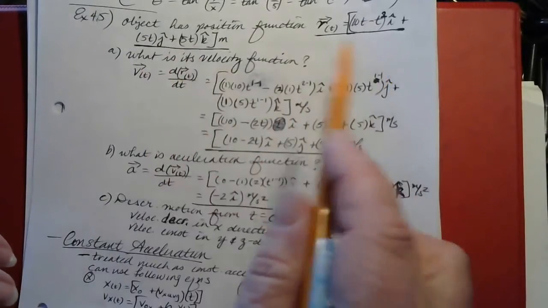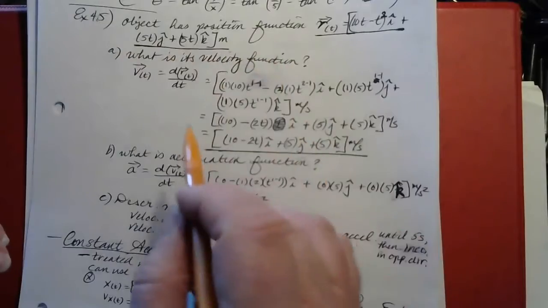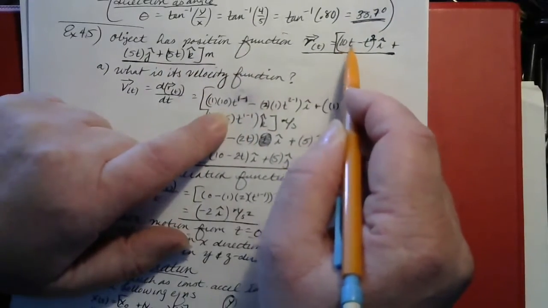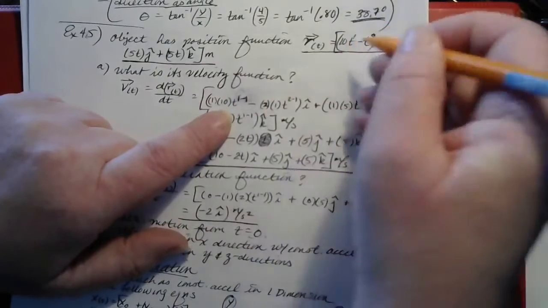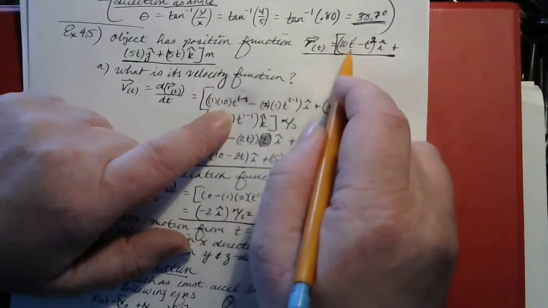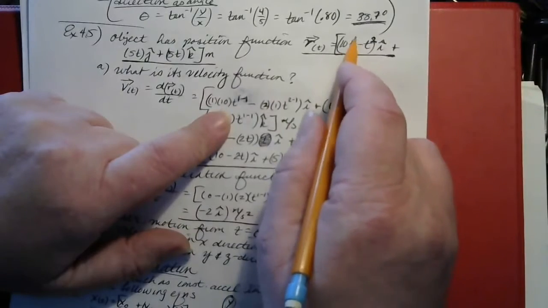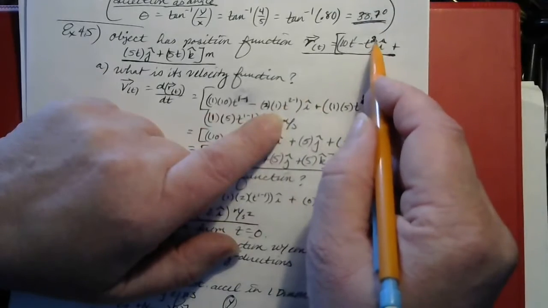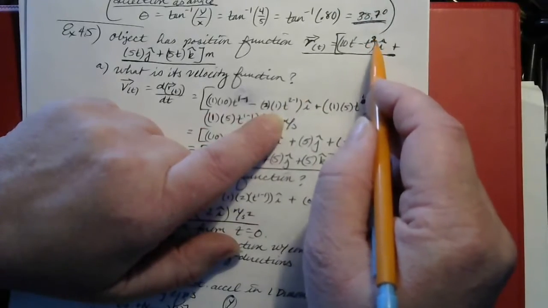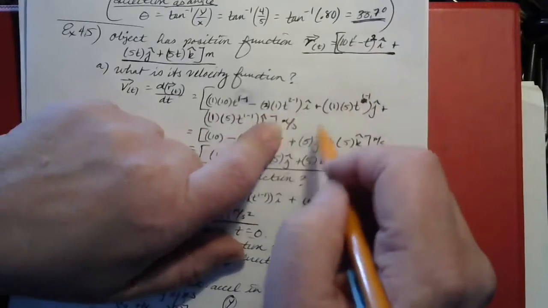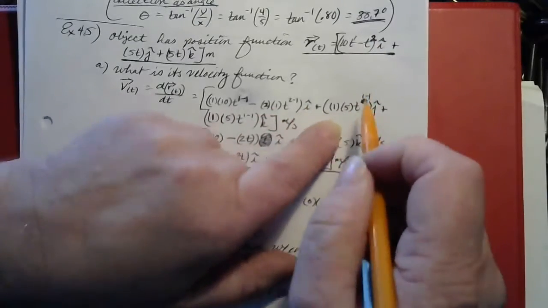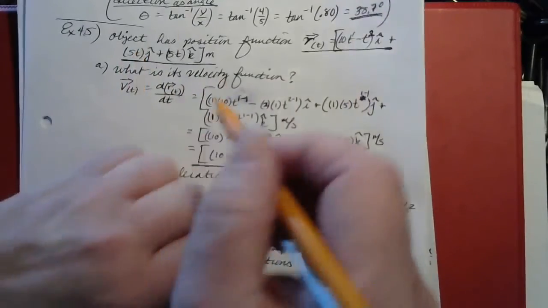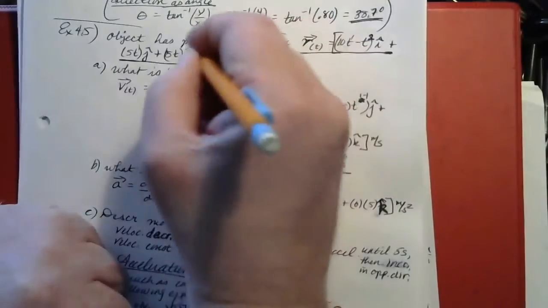Well, velocity is, again, a derivative of position. So you take the derivative of this equation, and we find that for the 10t term, the derivative is going to be 1, because t is to the first power here, 1 times 10 times t to the 1 minus 1 power, minus 2 times t to the 2 minus 1 power, and that's times the unit vector i, plus 5t, so that's to the first power, and so is that.